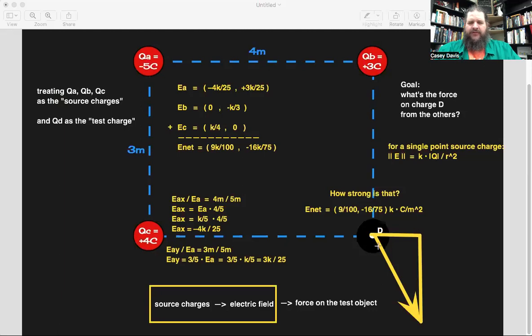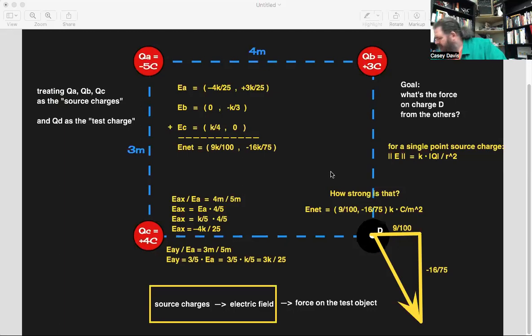What we care about is the actual size of this vector, which is the hypotenuse here. So if we label these as X is 9/100ths and Y is negative 16/75, the Pythagorean theorem will use those two legs to find the hypotenuse. So 9/100ths squared plus 16/75 squared, we can ignore the negative because it's squared anyway, then take the square root of that, and that'll tell us the magnitude here.